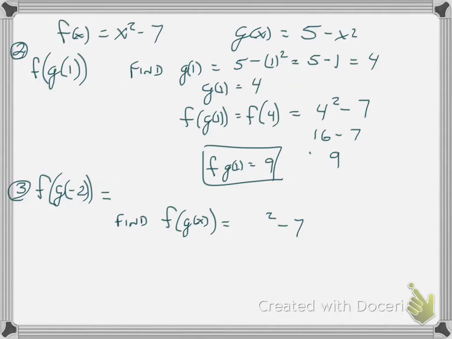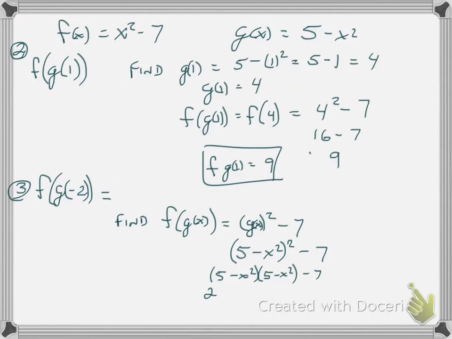So instead of this x, I'm going to replace it with g. And that g function is 5 minus x squared. So I'm going to square that: 5 minus x squared times 5 minus x squared, minus 7.